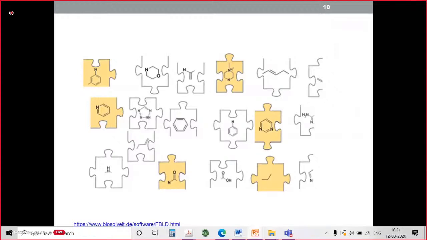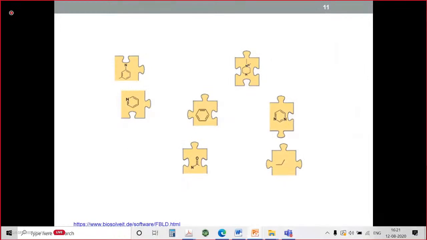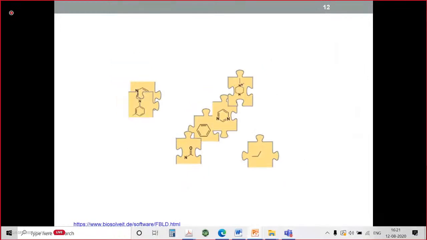First we have to identify the relatively feasible fragment which is going to bind to the active site. Thereafter, these are selected and we try to connect them together. The connection may be somewhat hit and trial, and that is done through virtual screening.